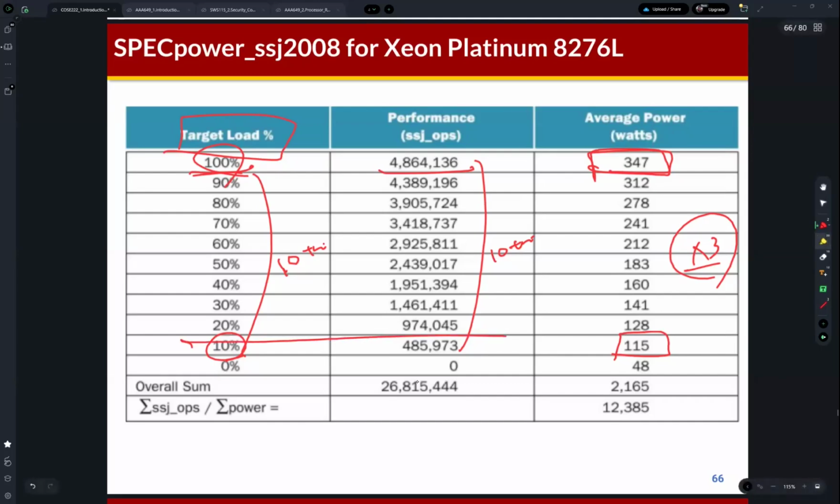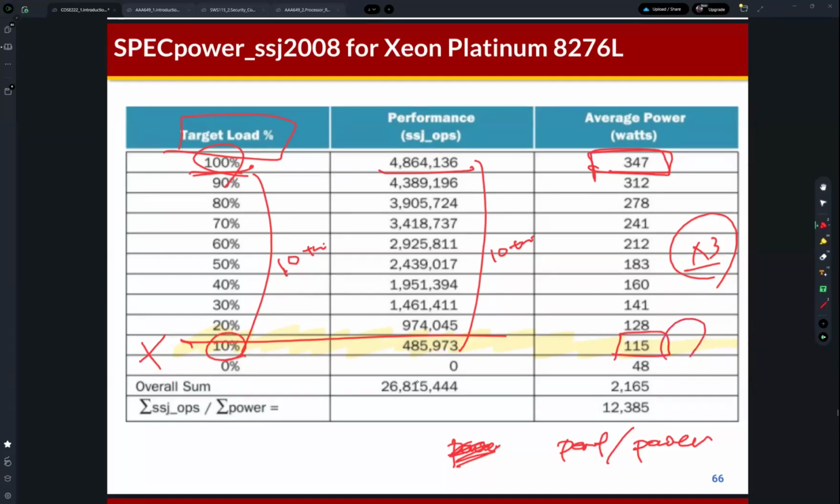In this situation, if we compare performance per watt, it is bad. Performance is around 10% of the maximum performance, but this system consumes around 1/3 of the maximum power.